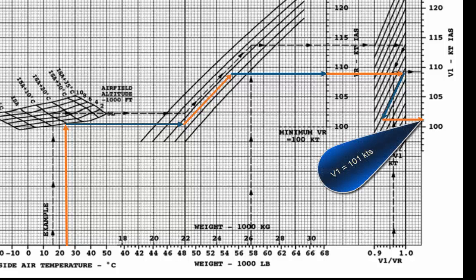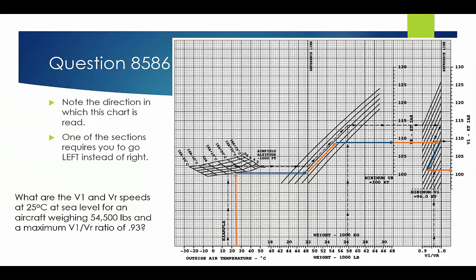So in this case, our VR speed, we calculated out to be 109 knots, and we got a V1 speed of about 101 knots. Again, just remembering on this chart, you have to go all the way straight over to that reference line and then backwards to the appropriate V1 VR ratio down and to the left before heading back over to the right scale to get our V1 speed.